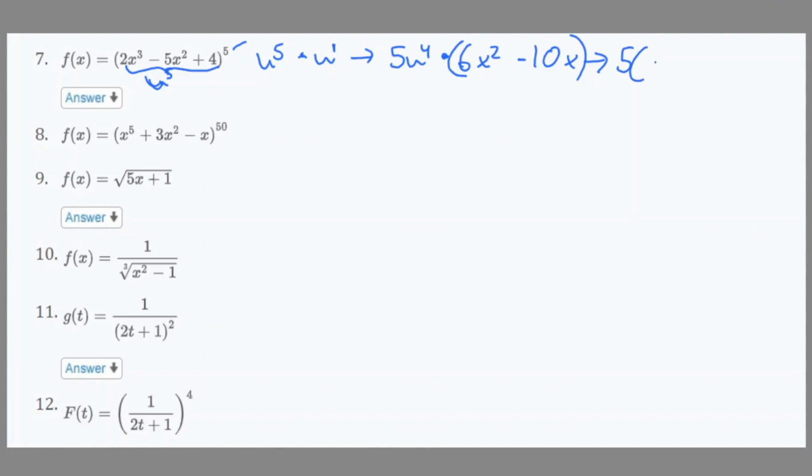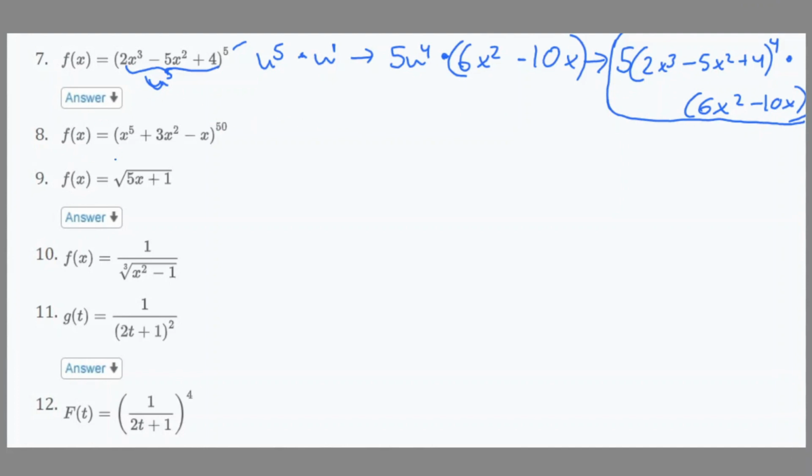So 5 open parentheses 2x to the 3rd minus 5x squared plus 4, to the 4th power, multiplied by 6x squared minus 10x, and that is our final answer. I couldn't write it in one line, but that's our final answer for number 7.